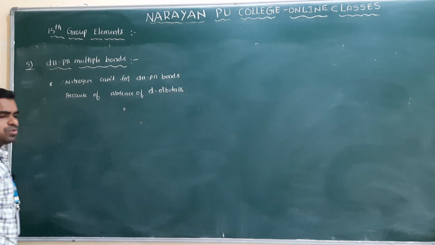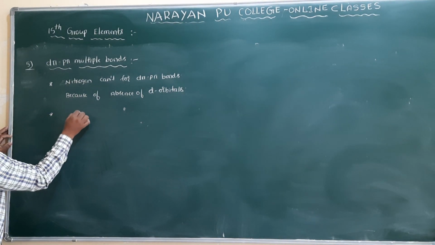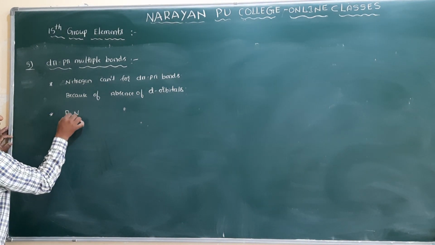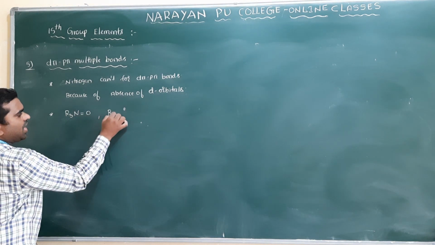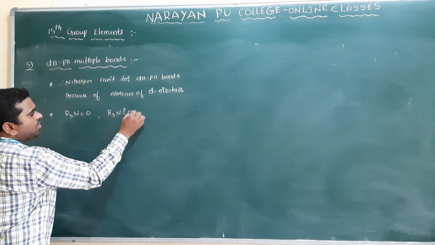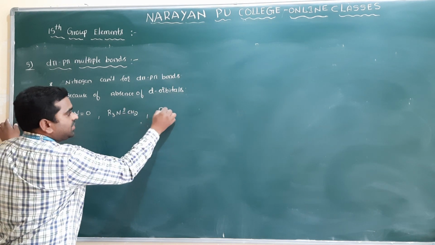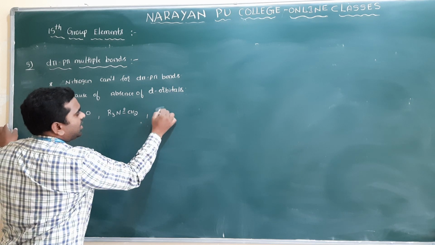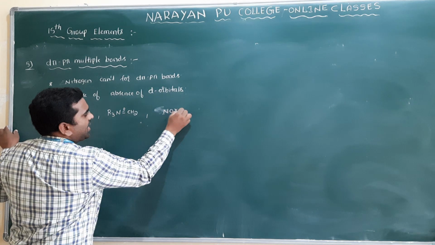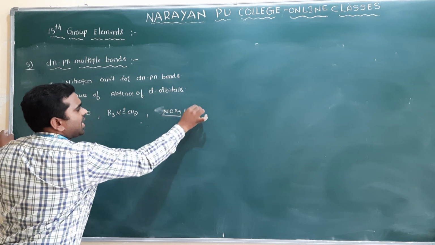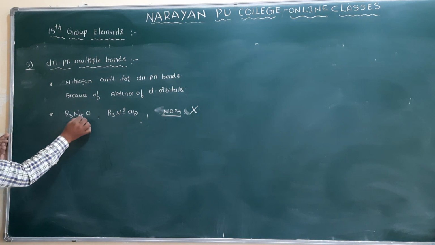So that's why nitrogen cannot form R3N=O type compounds, or R3N=CH2 type, or NX3=O type compounds. Why?